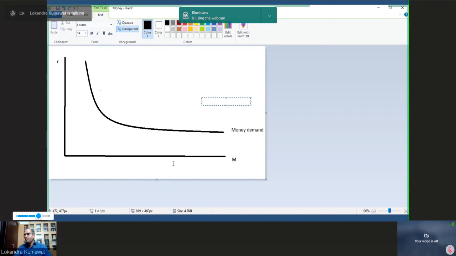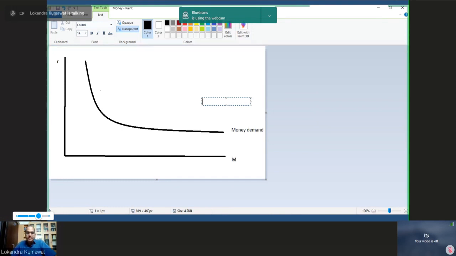Next, we move on to money supply. Let's first discuss what money supply is and how it is determined. As I had said in the morning, money supply these days is defined as a set of liquid financial assets. A financial asset, which is an asset to us, is a liability for some financial institution.